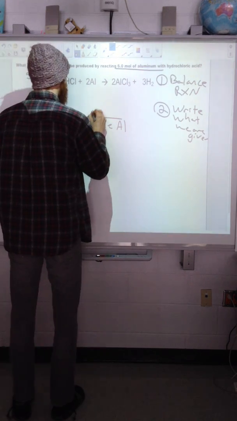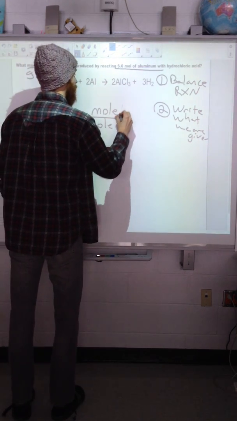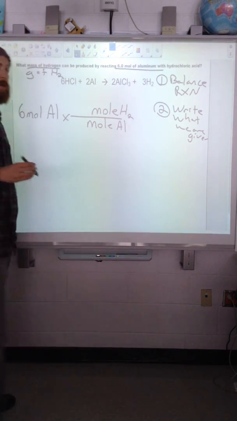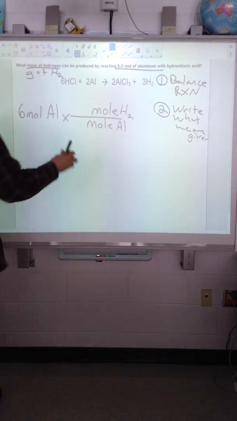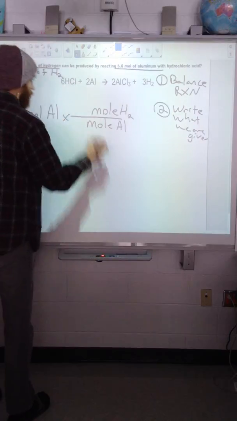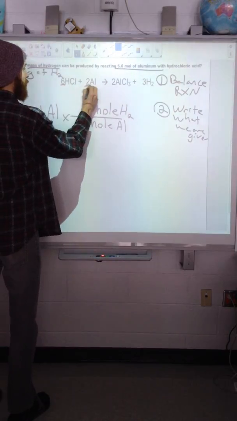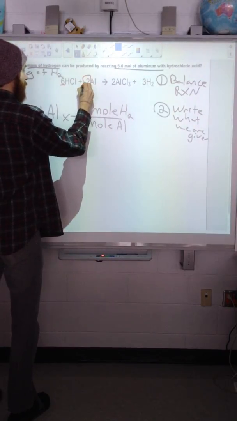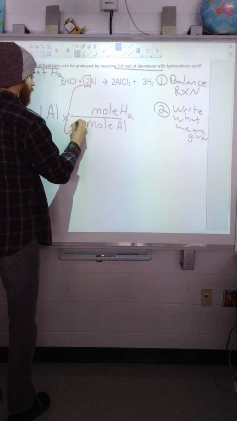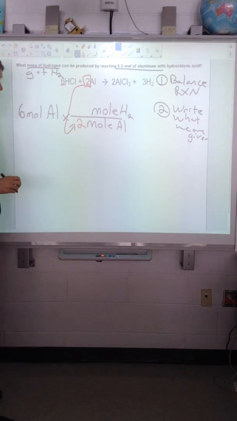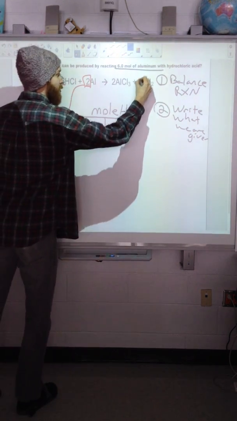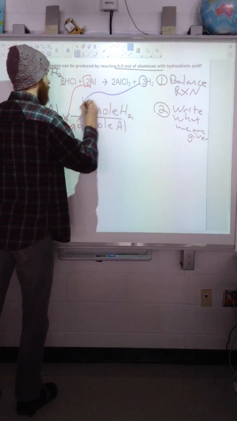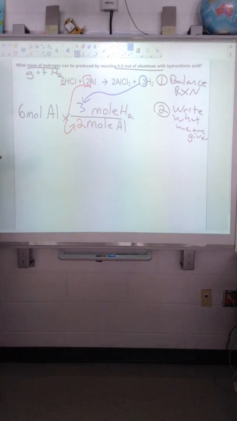So we can go from moles of aluminum to moles of H2. Now what is that ratio? Well, in this reaction, we use 2 moles of aluminum, so that's going to be the number down here, 2, and then we get 3 moles of hydrogen. So that's going to come up there. So the mole ratios are the coefficients.